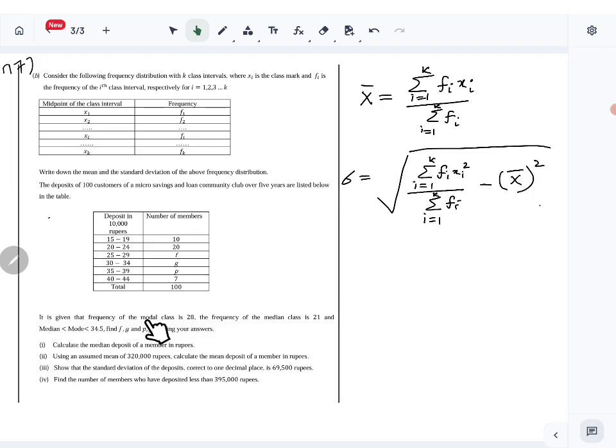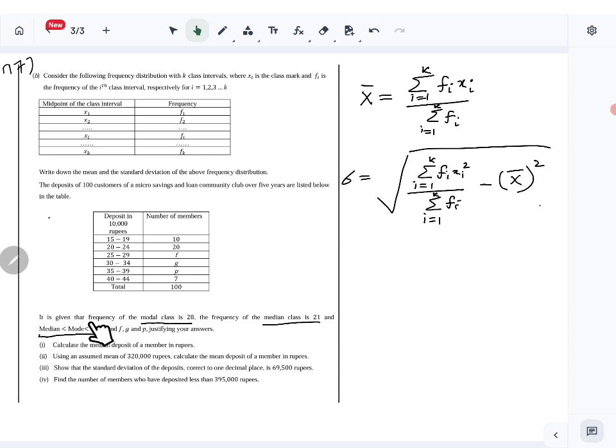It is given that the frequency of the modal class is 28. Frequency of the median class is 21. Median is less than mode and mode is less than 34.5. So the mode has to be inside one of these four classes. It can't be in 35 to 39, can't be in 40 to 44.